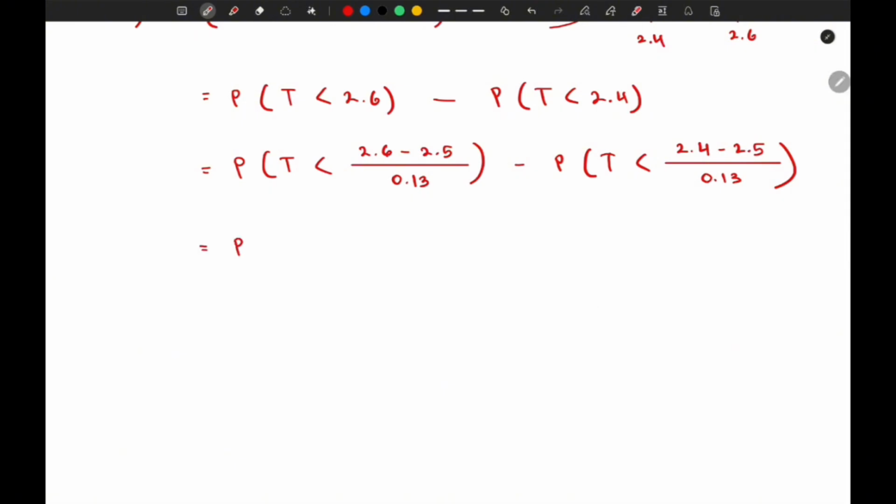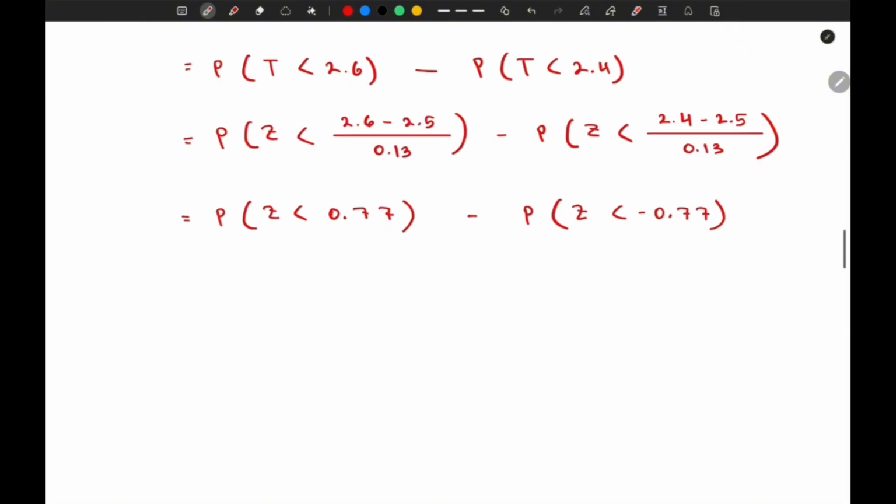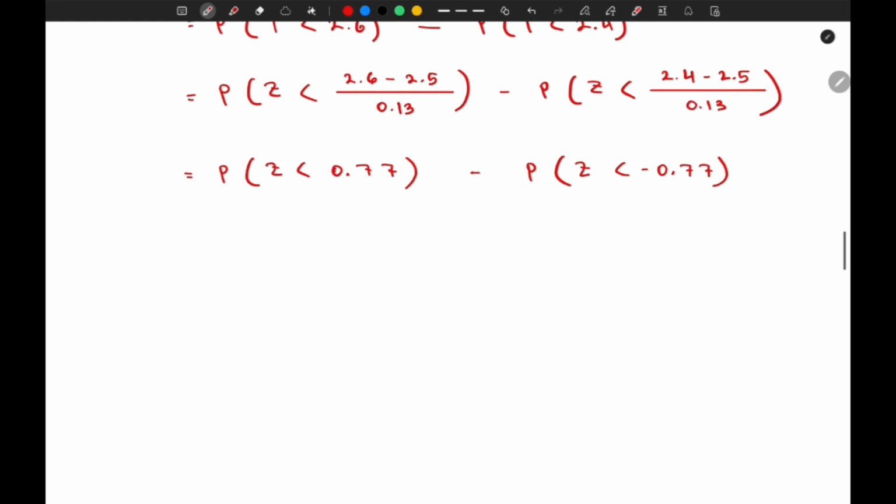So this gives us a value of, it's not t, it's z. So this gives us a value of z is less than 0.77. And this gives us a value of negative 0.77. And since this is a negative value, we can use this formula.